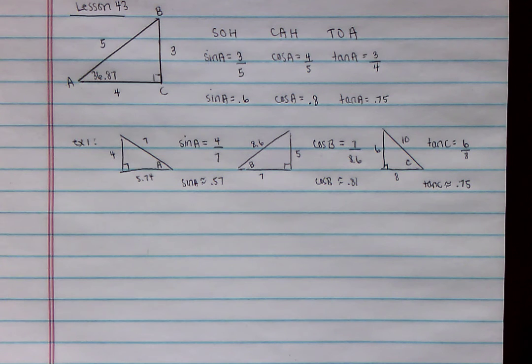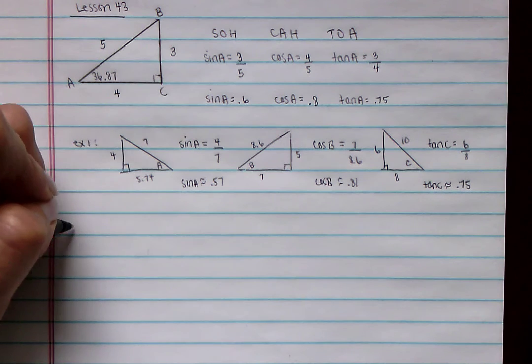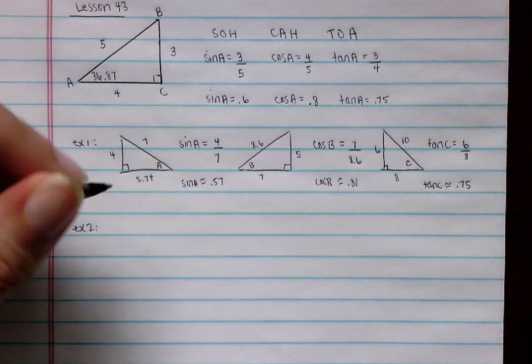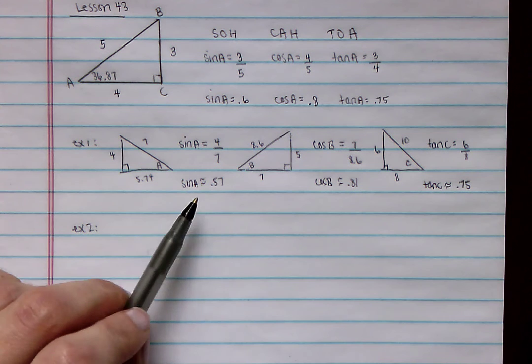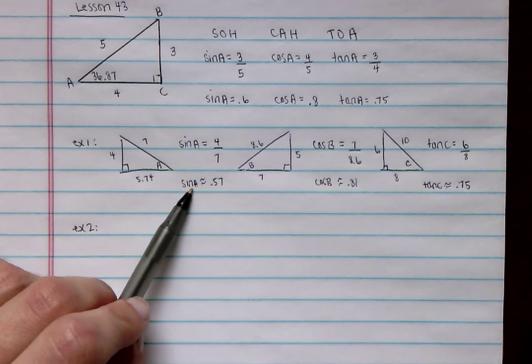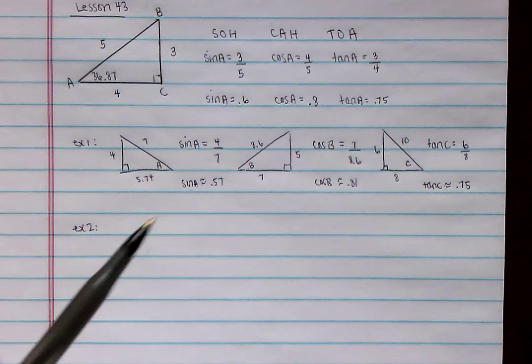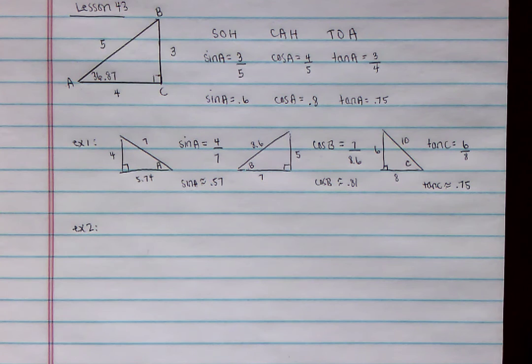Now, they actually want you to find the inverse of these, okay? So this is example 2. It says the inverse sine of a number is the angle whose sine is that number. I'm going to do this just to show you that idea.